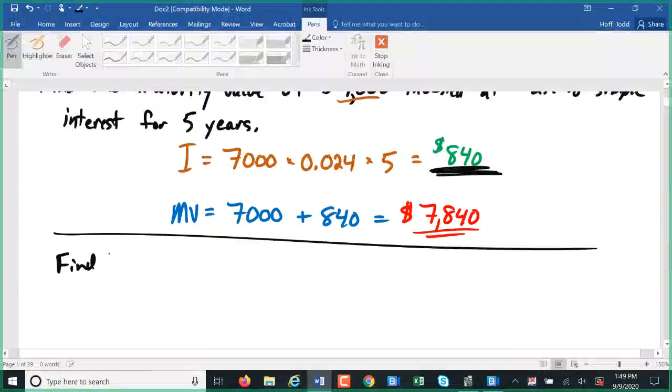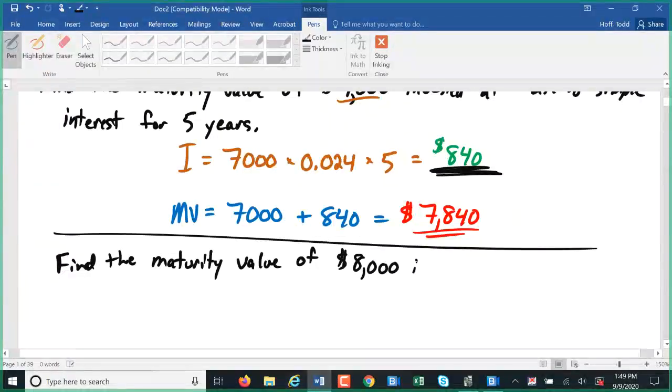Find the maturity value of, let's say $8,000 invested at 3% simple interest for 3 months.